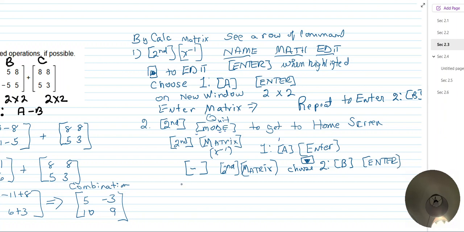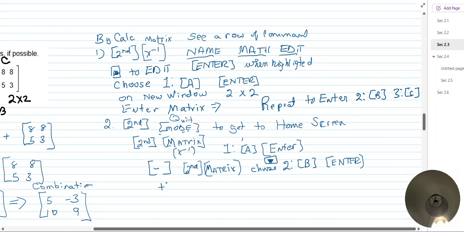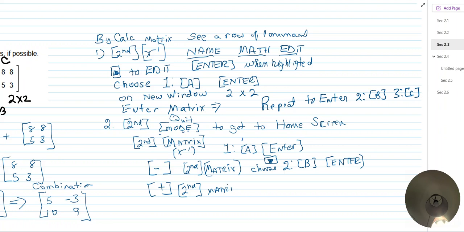Then repeat it again, and it was plus. Let me see, we had the minus, now we're going to hit our plus key, and we're going to do second matrix. Choose number 3 by the down arrow, and I forgot to do that up there, and I'm sorry, I kind of put it together.